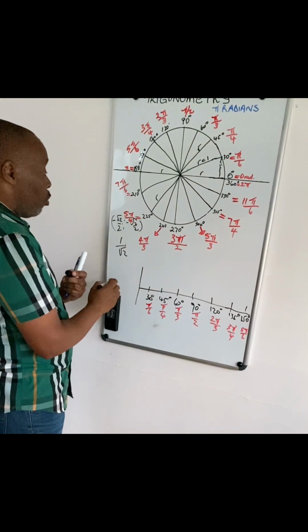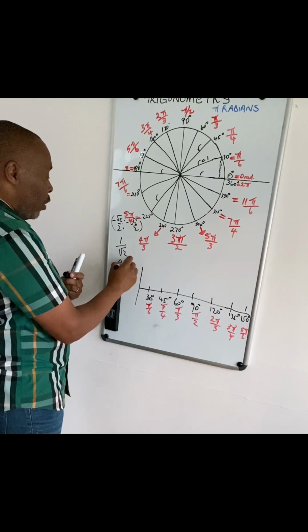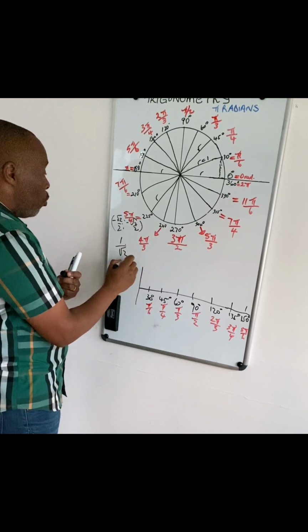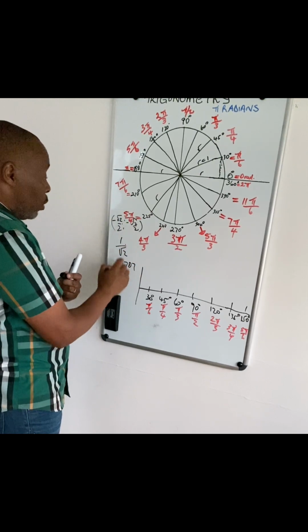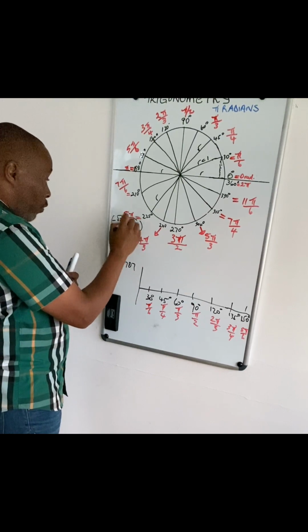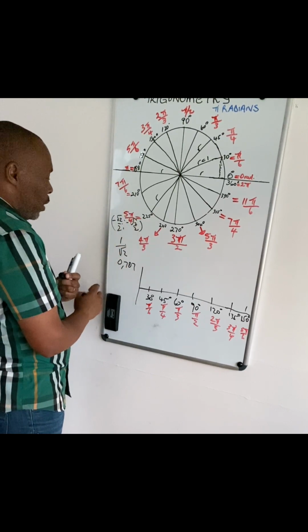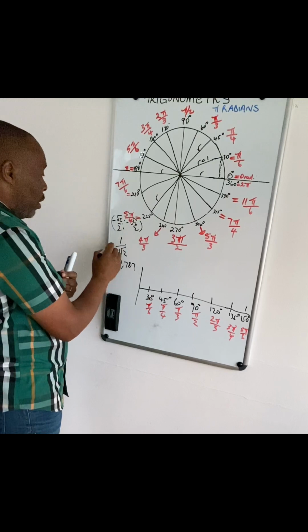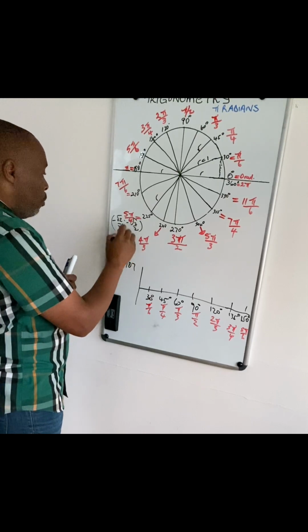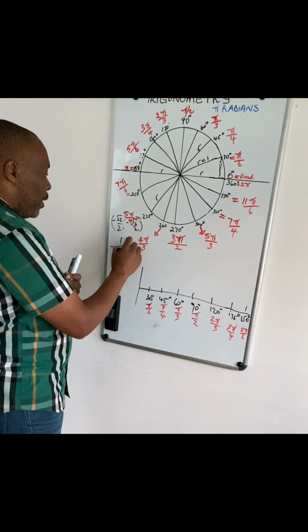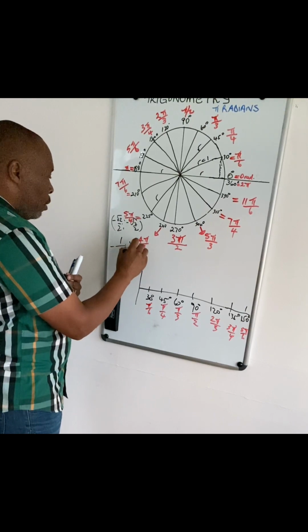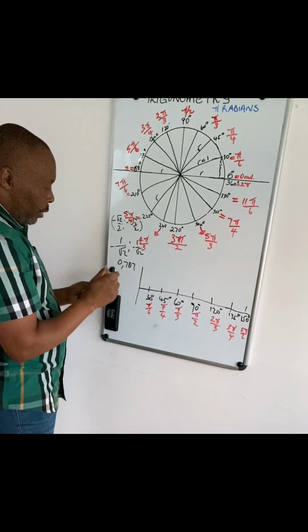Even if you punch it in your calculator, root 2 over 2 gives you 0.707, and 1 over root 2 is also 0.707. Because it's in the third quadrant, it will be negative on both sides. It will be like this.